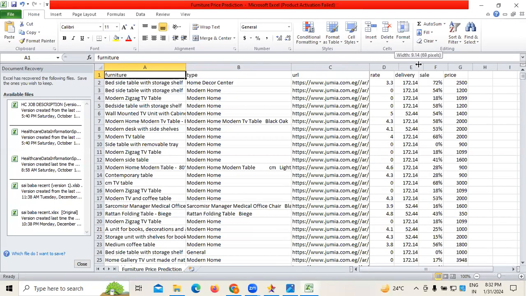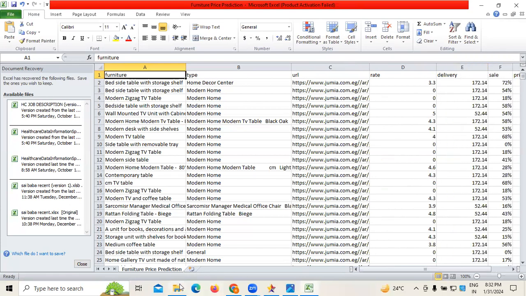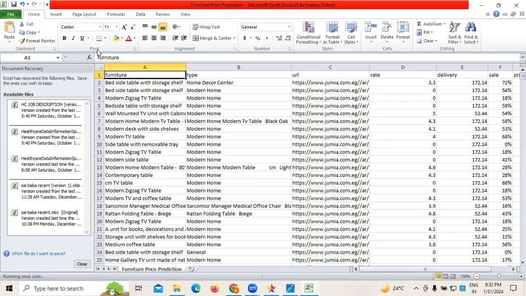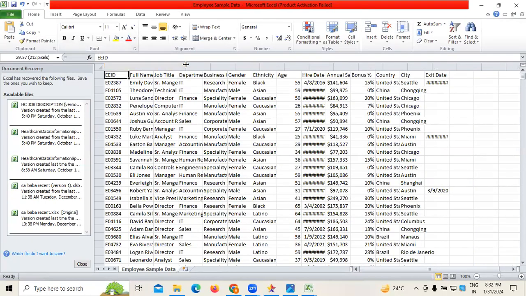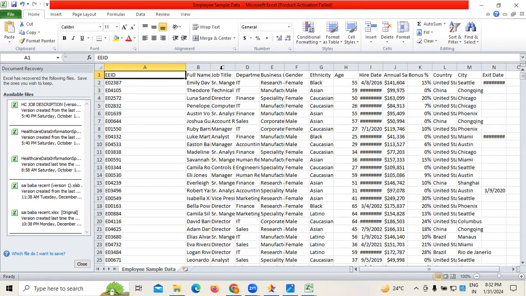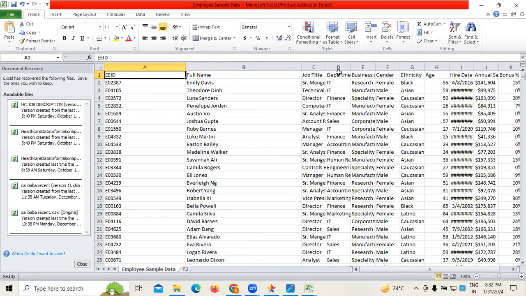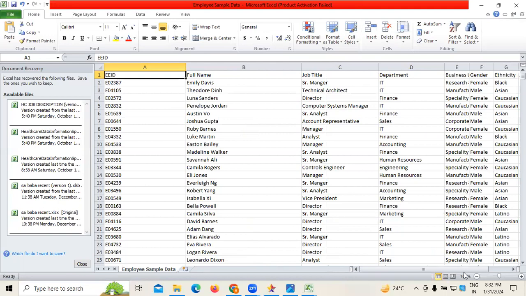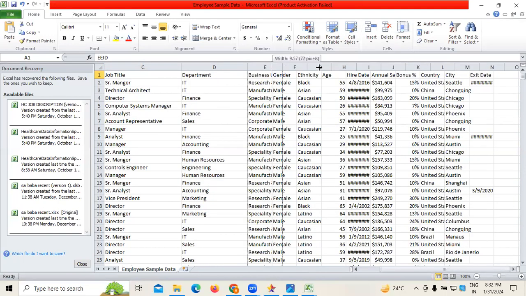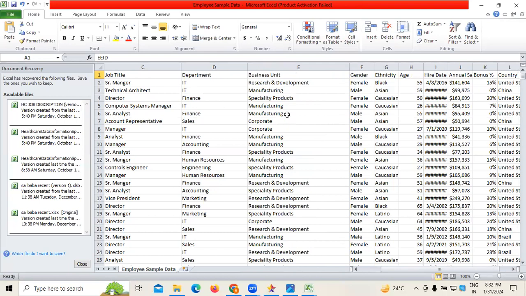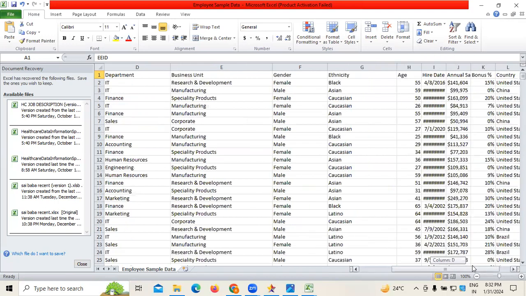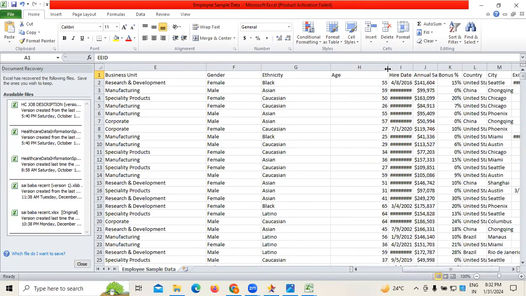At the same time, if you want to see sample employee data, this is where we mention the employee ID number, the name of the person, the title, which department these people belong to. At the same time, we must know their specializations, gender, ethnicity, and their age.